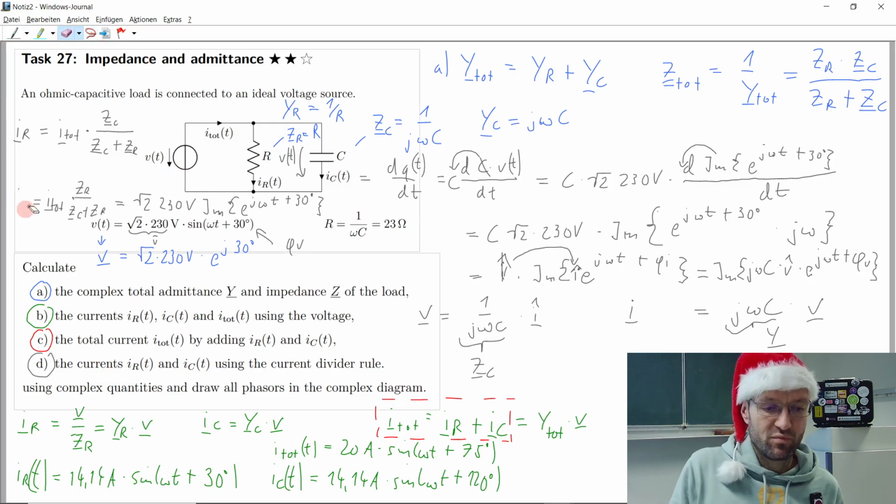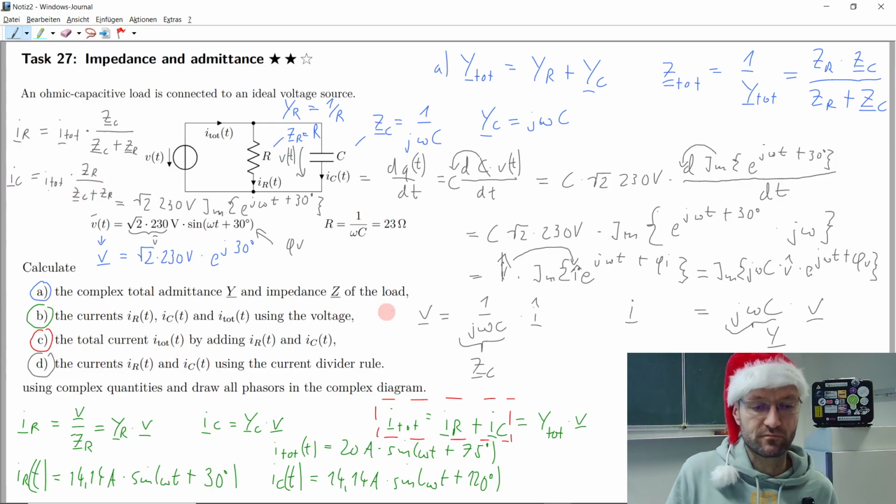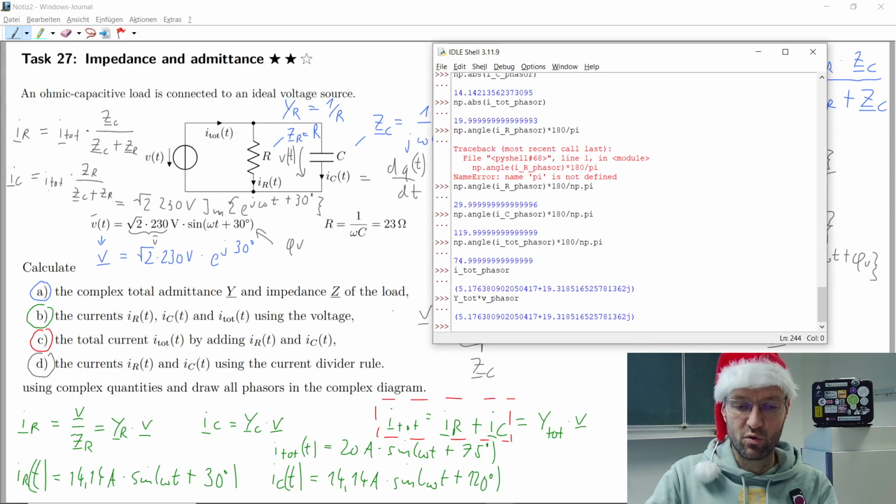I'm not super satisfied with this one here, so I will write this a bit more on top. IC equals the total current multiplied with the impedance in the other branch divided by the total impedance of this mesh. And this is what we can also check out quickly in Python.